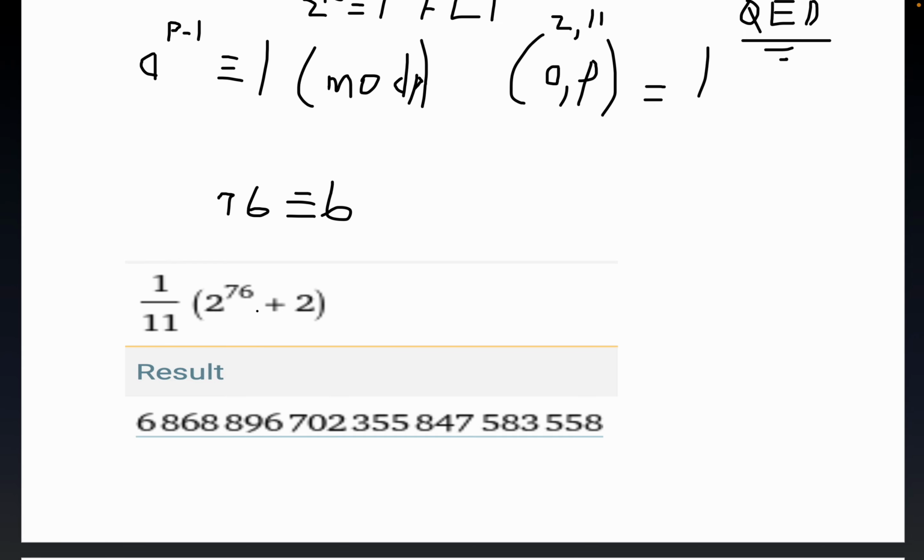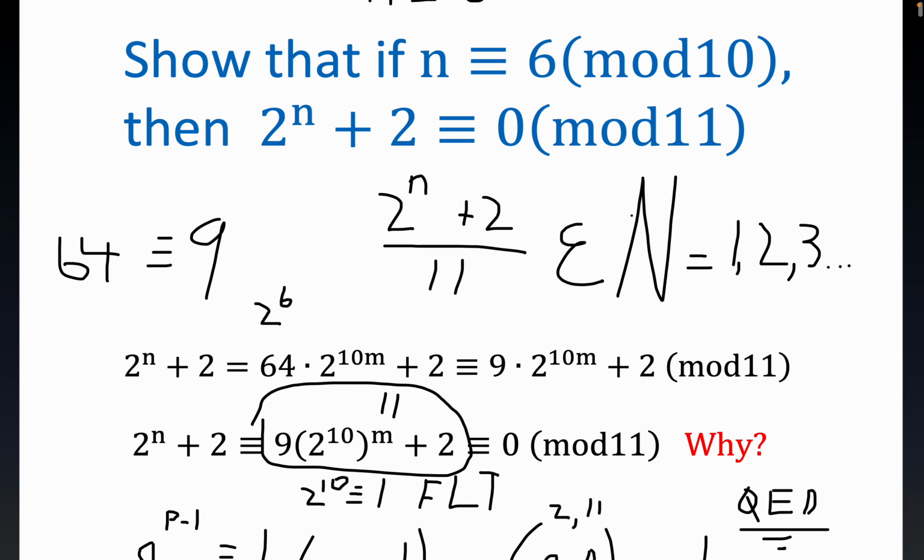This is just an example, because the numbers are so large, you can't do it by hand. I used, I think, Wolfram or one of the online tools. Again, 76 is equal to 7 times 10 plus 6, so it certainly meets the initial condition that was required for this proof.